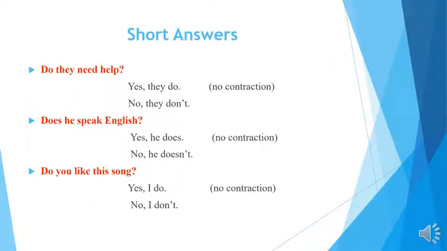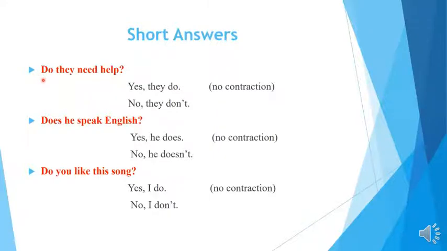And another aspect, the short answers. So when you speak with people, often we have to give short answers. So when we give short answers in simple present, look how it happens here. Say the question, do they need help?